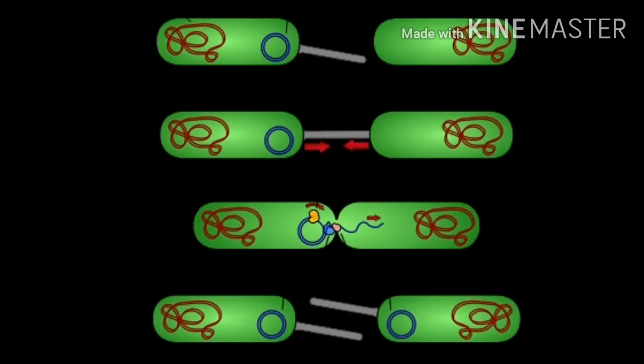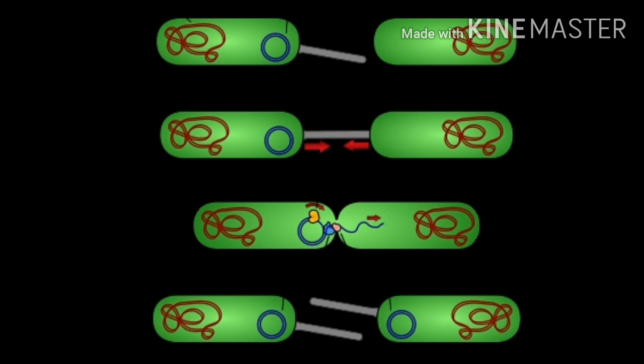See this diagram, in which you can see this is the pilus. There is a formation of a tube in between two bacteria, and in the third step you will see that some kind of fragmentation takes place of the plasmid, and this fragment will cross this pilus.